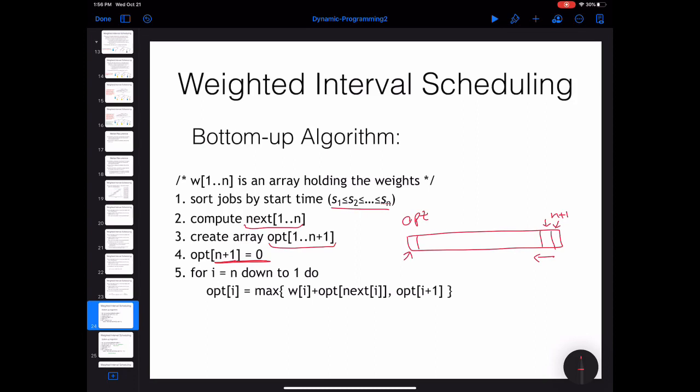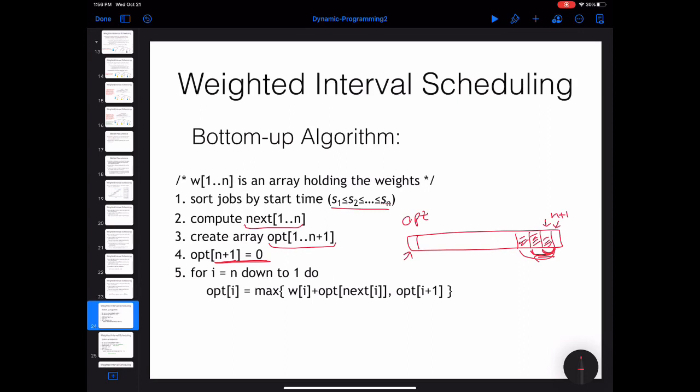Intuitively you usually fill the table from left to right, but in this case, the subproblems are smaller if the index is bigger. So this corresponds to the problem of only having the last job when you sorted them. This is only having the last 2 jobs, only having the last 3 jobs. Okay, so I'm going to fill this table from here. You fill this one first, then this part will be filled, this one.